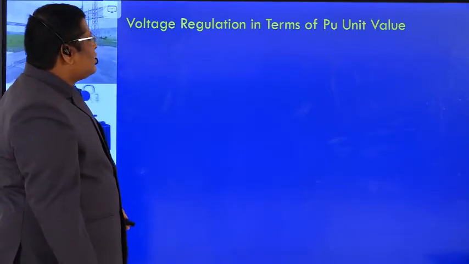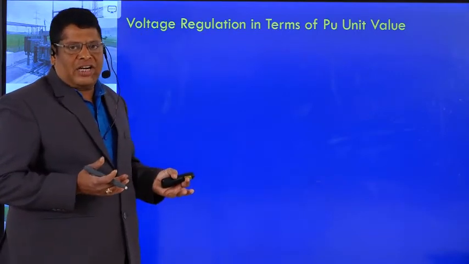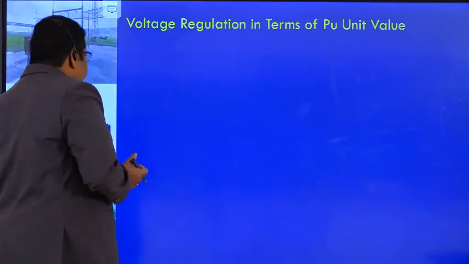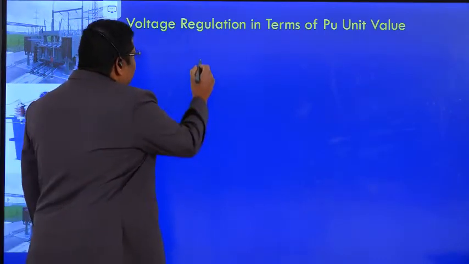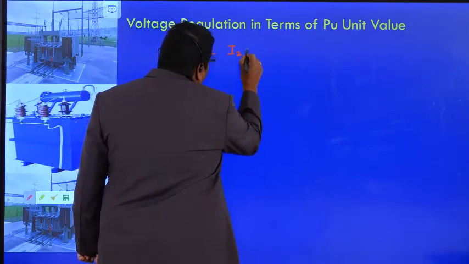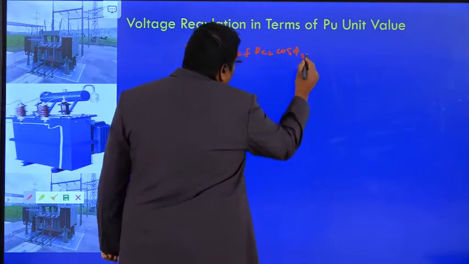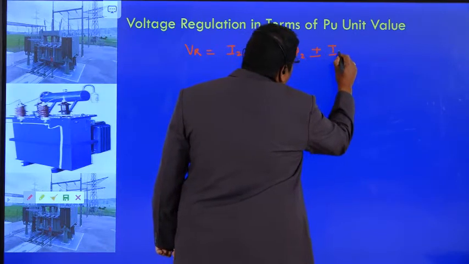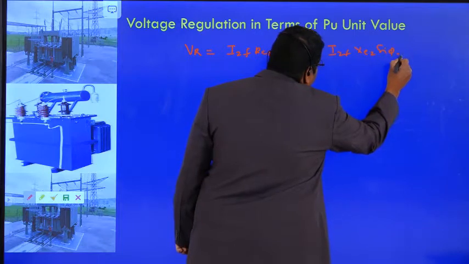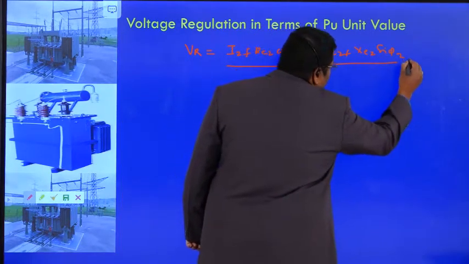Now, voltage regulation in terms of per unit values. We already know the expression for the voltage regulation of a transformer, which we represent simply as VR: I2F Re2 cos phi2 plus or minus I2F Xe2 sin phi2, divided by V2, into 100.